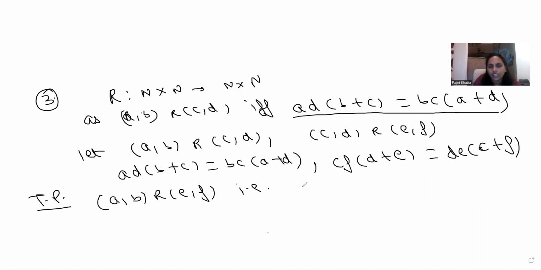That is, we need to prove AF into B plus E is equal to BE into A plus F.